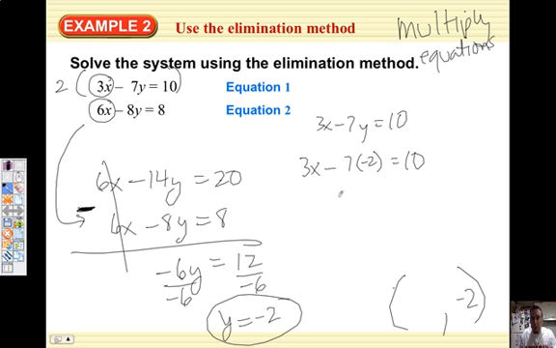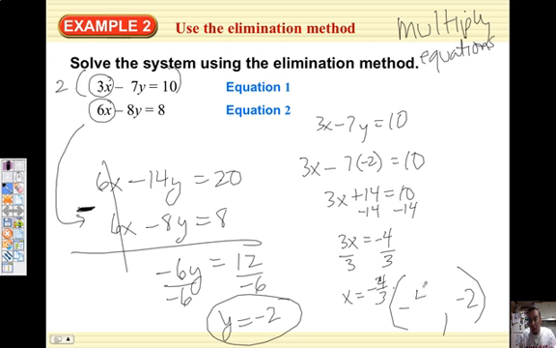Just substitute negative 2. That becomes plus 14 equals 10. Get x by itself. So minus 14, 3x is equal to what? 10 minus 14 is negative 4. Divide by 3. And x is equal to negative 4/3.